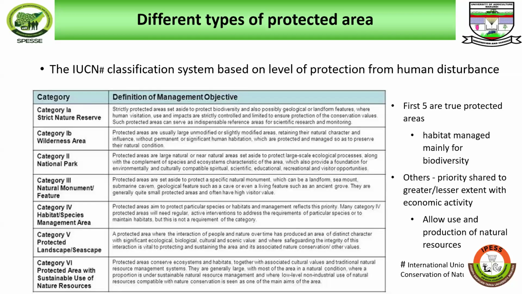Category 3 are national monument features. Protected areas are set aside to protect a specific natural monument, which can be a landform, a seamount, submarine cavern, geological features such as cave, or even a living feature such as an ancient grove. They are generally quite small protected areas and often have high visitor value.